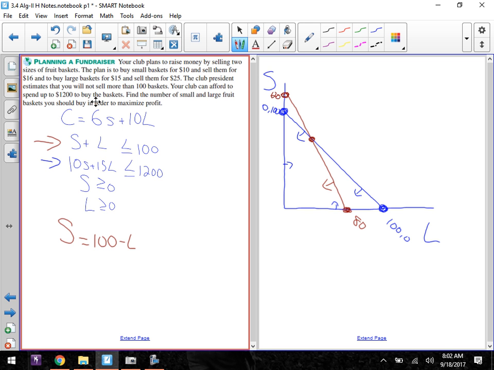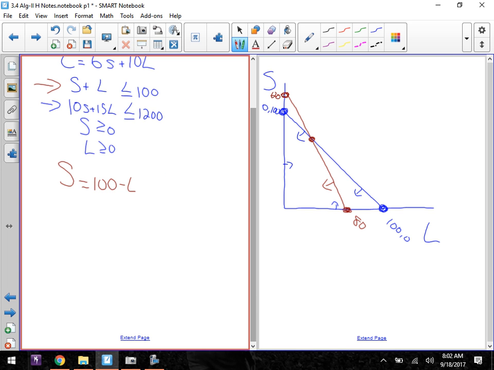A lot of times when I have variables that have coefficients of 1, I usually use just straight substitution. It's just how I've always done it. If you want to multiply it by 10 and subtract it out, you're going to get the same result. It doesn't matter. In doing this, I can say then that 10 times (100 minus L) plus 15L is 100.